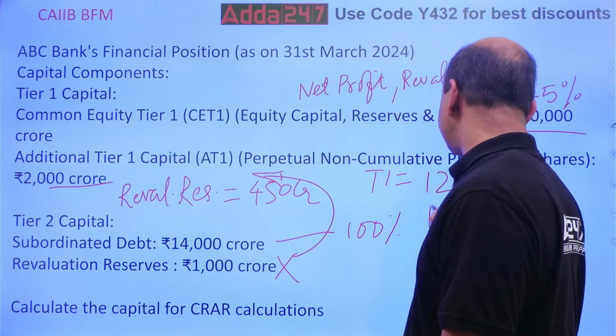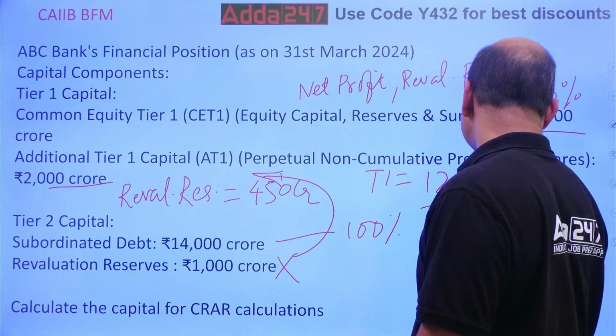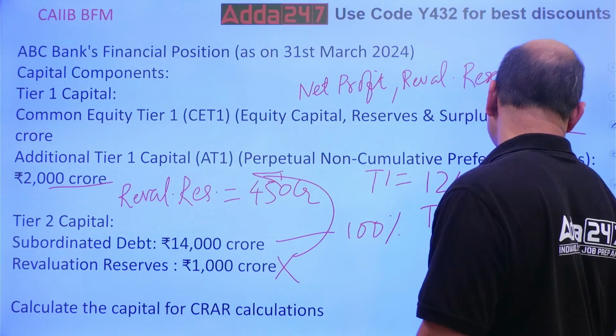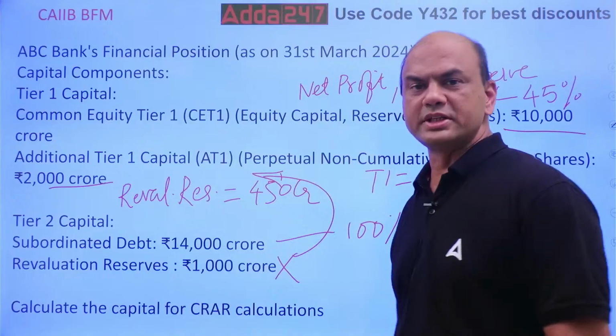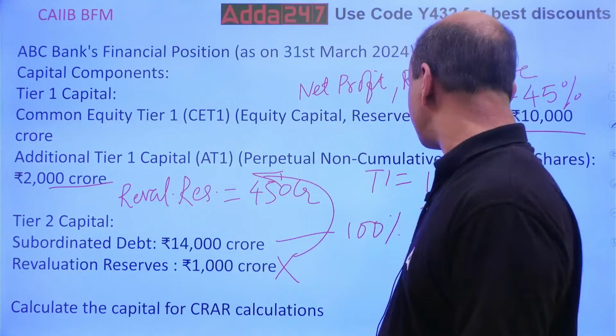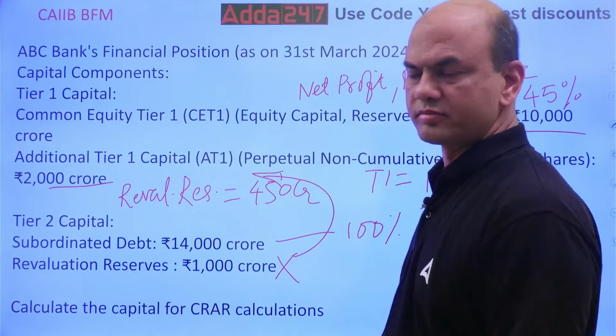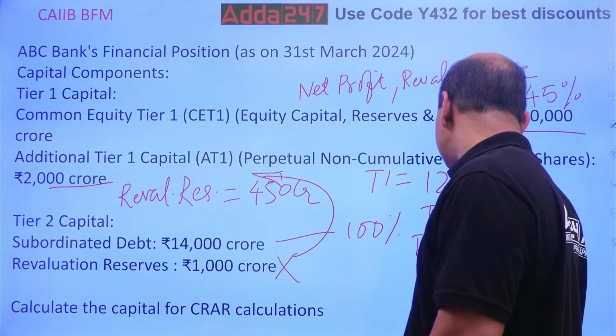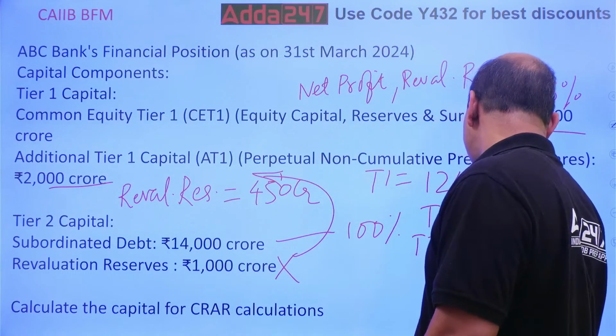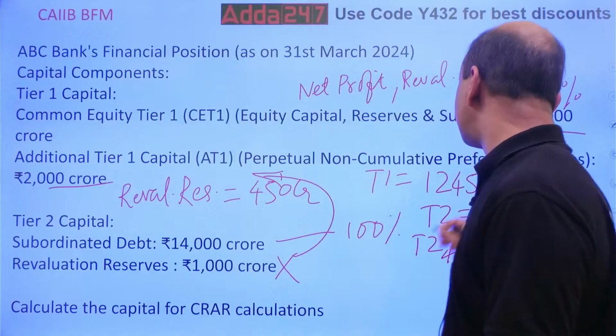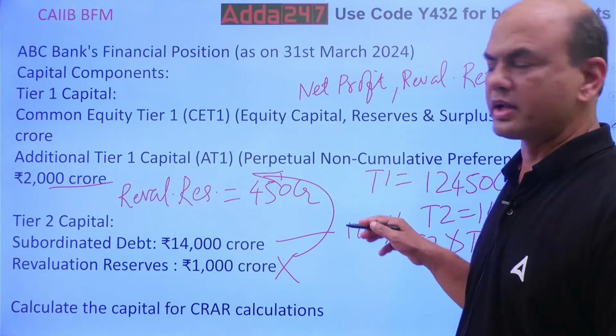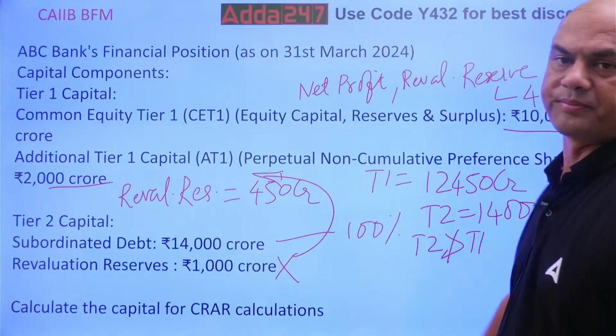T2 will be 14,000. But there is a rule. What is that rule? That rule says that T2 can never be greater than T1. So T2 will be what? Maximum T2 you can take is 12,450.